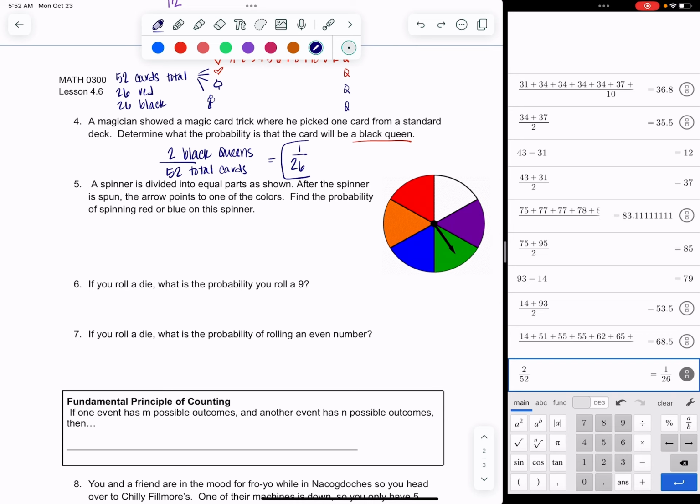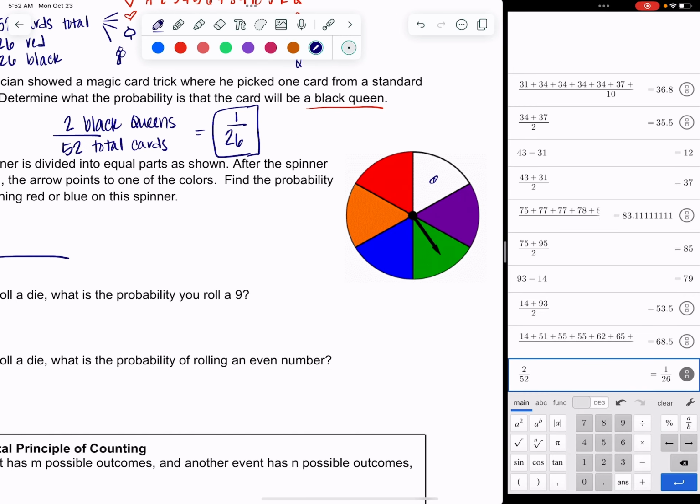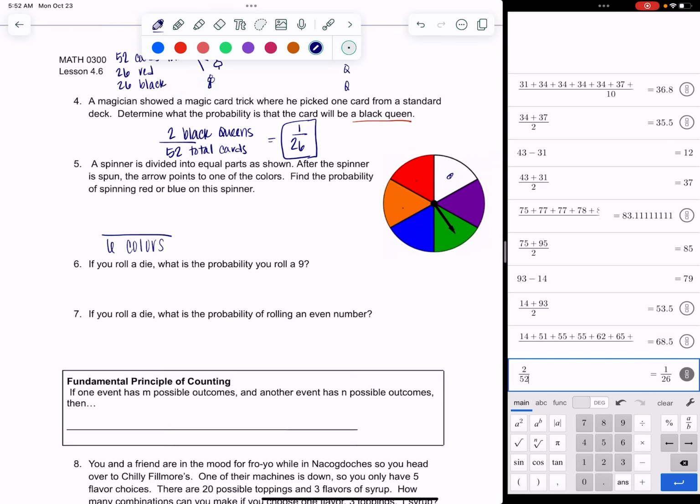So here's our happy little spinner problem. A spinner is divided into equal parts. After the spinner is spun, the arrow points to one of the colors. Find the probability of spinning red or blue. Well, my total sample space, 1, 2, 3, 4, 5, 6. I have 6 total colors, 6 sections.